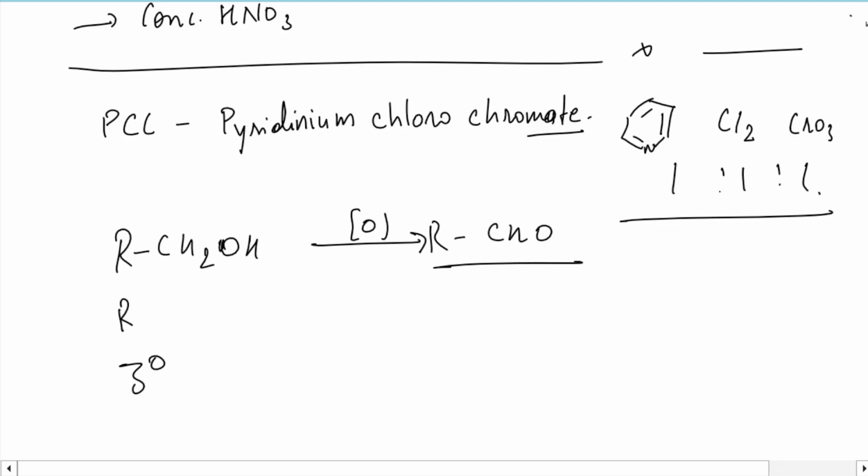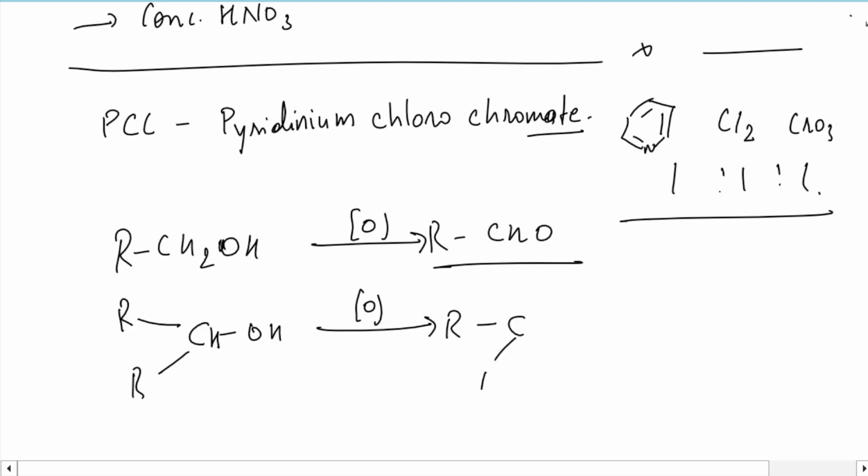Let's mention it step by step: primary, then secondary, and then tertiary. If it's a secondary alcohol, it will give you ketone.